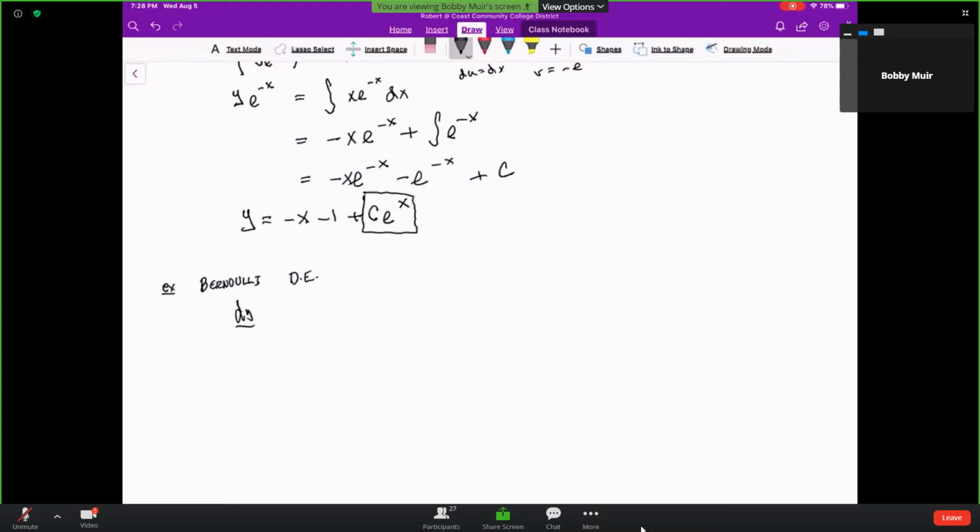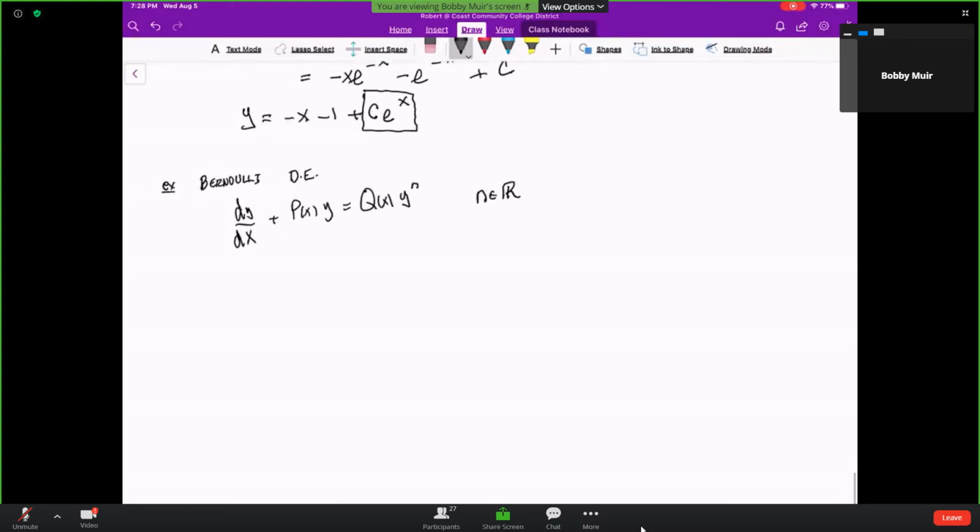So the standard form for this thing would look like this, and then it's q of x times y to some power n. Now n could be any real number that we want.